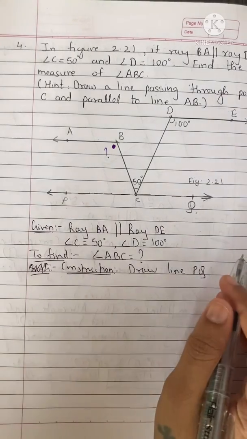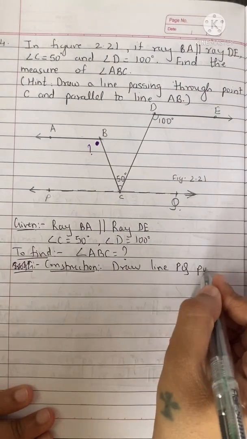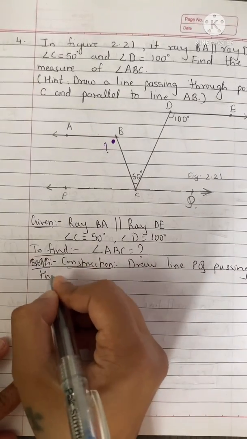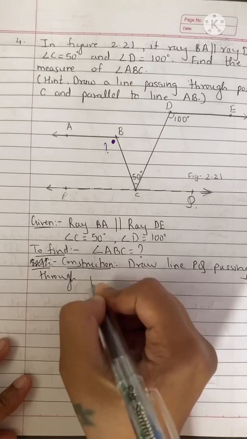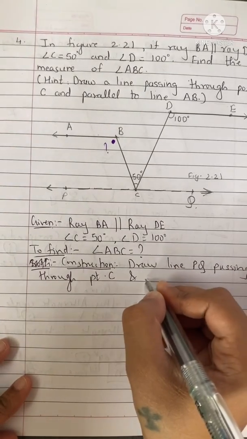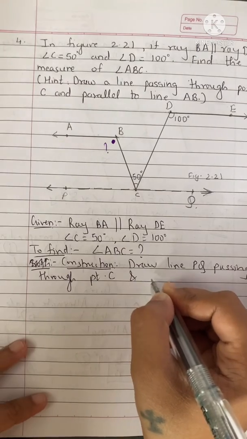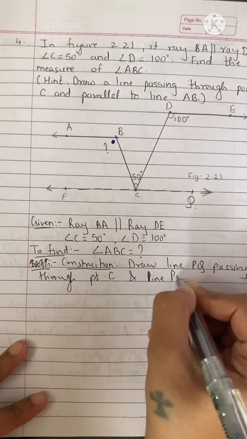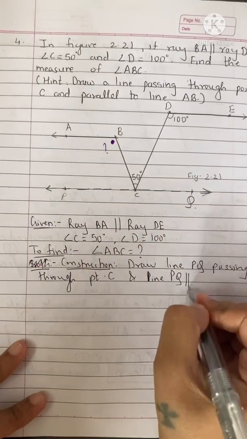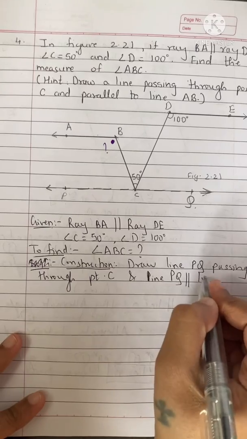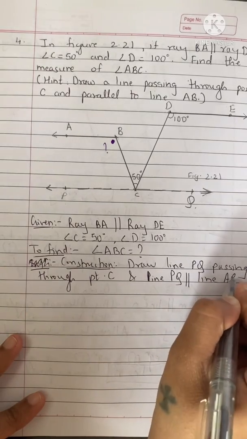Line PQ passing through point C, and line PQ which we have drawn is parallel to line AB, which is already given. So PQ is parallel to AB.